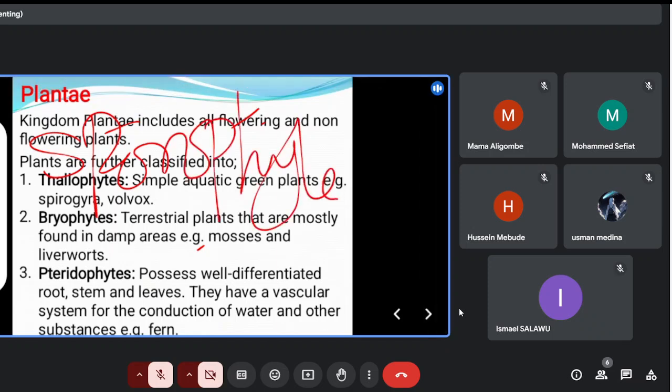So you can put the sporophyte, and in brackets, diploid stage, and the gametophyte, the gametophytic stage.